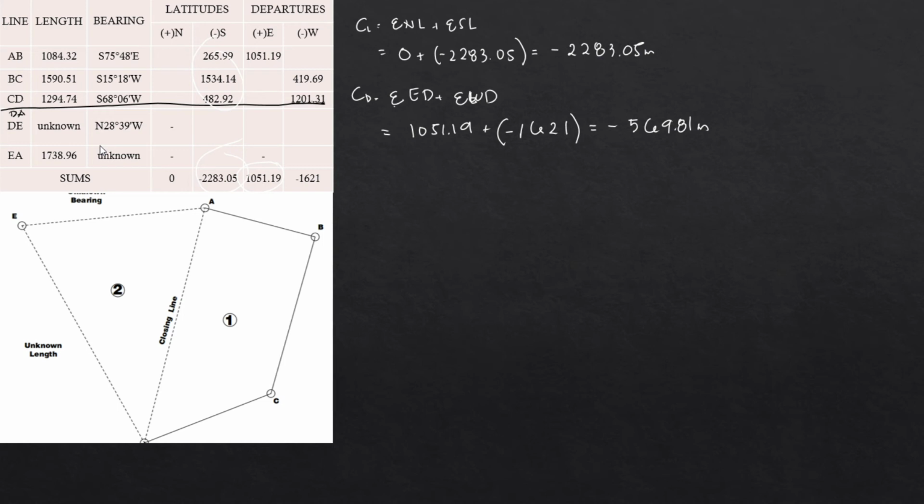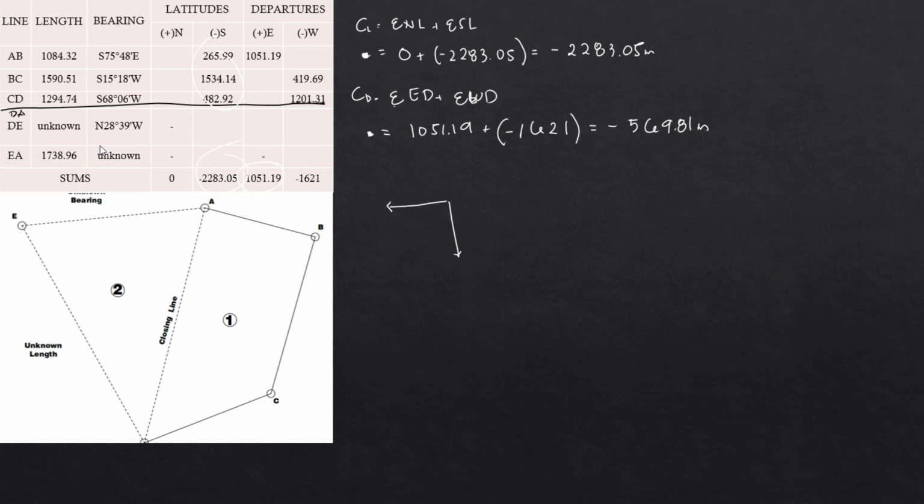Ito yung magiging departure, length ng latitude ng closing line natin, then departure ng closing line natin. Okay, so parehas na negative. So, negative, pababa, then pa-west, yung isa.